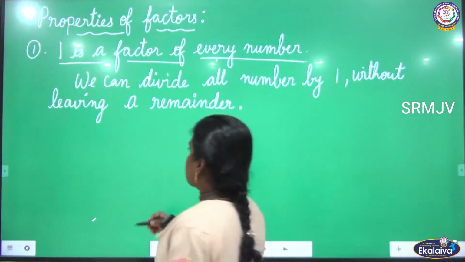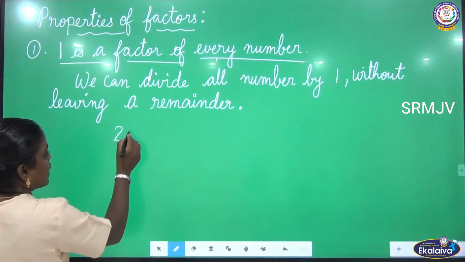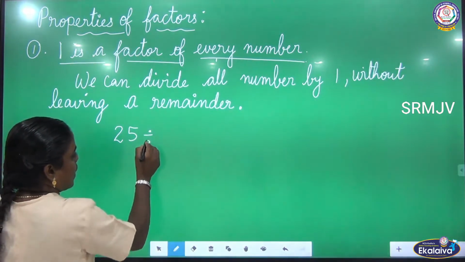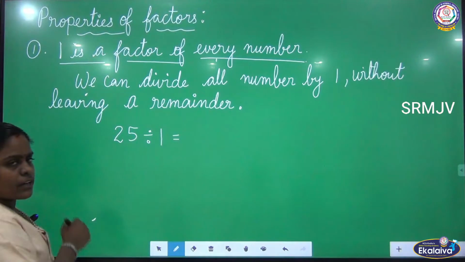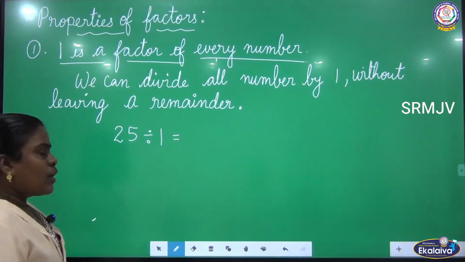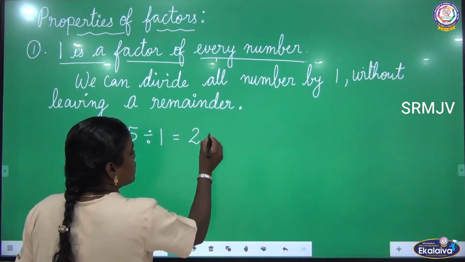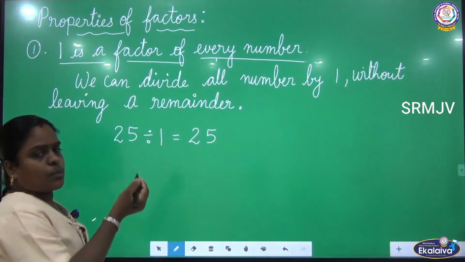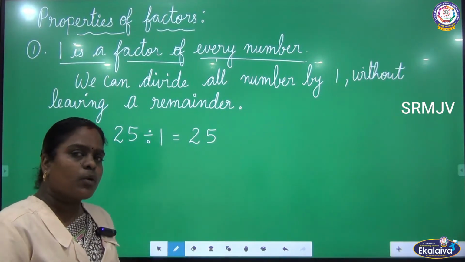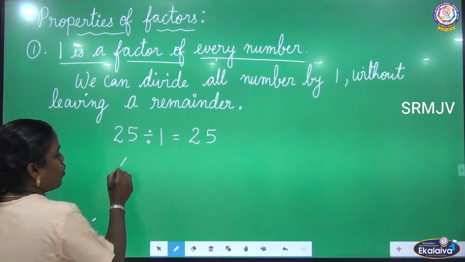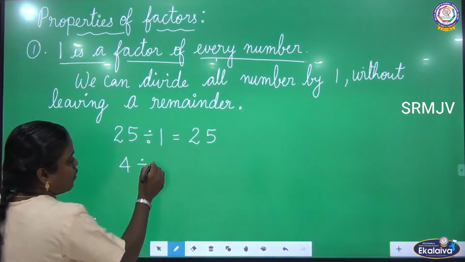Let us take an example. 25 divided by 1. If you divide 25 by 1, you will get the quotient 25 and there will be no remainder. 4 divided by 1.